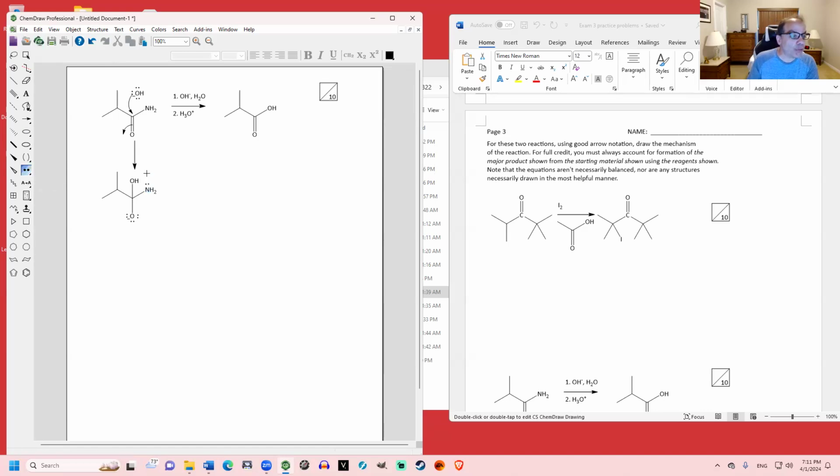In the next step, we actually have to protonate that nitrogen because we can't lose NH2 minus as a leaving group. It's not a good enough leaving group. So we'll use a water molecule in order to do that. We haven't added H3O plus yet. And it gives a rather unusual looking intermediate.